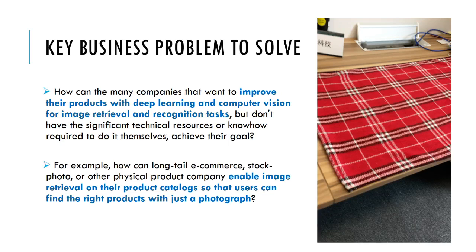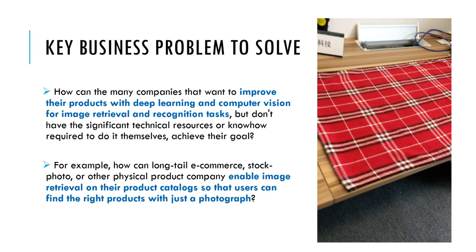So the key business problem to solve is that many companies out there want to improve their products with deep learning and computer vision for image retrieval and recognition, but they don't have the resources. They don't have the know-how required to do it themselves. So there are thousands and thousands of companies out there with tens or thousands of millions of products, and how are they going to leverage this miracle of deep learning for their business?